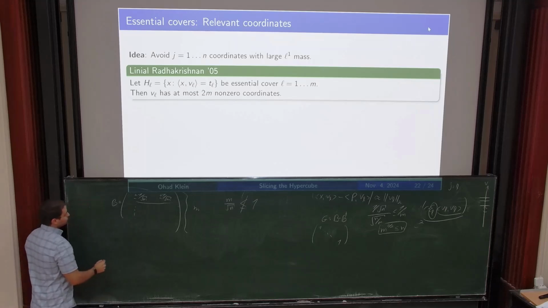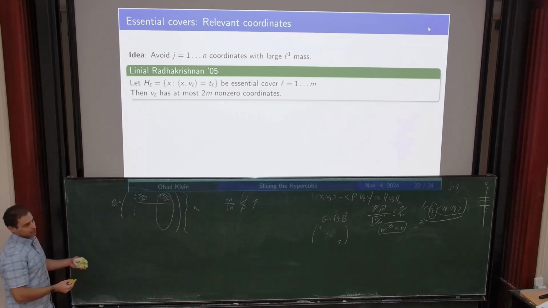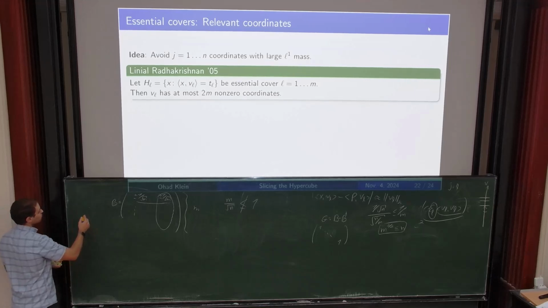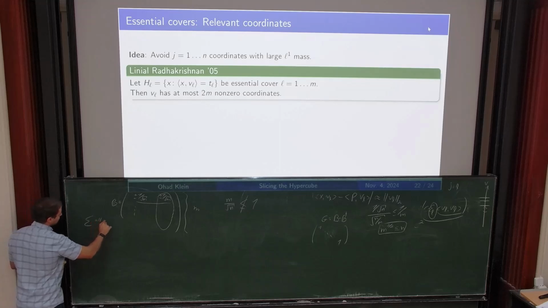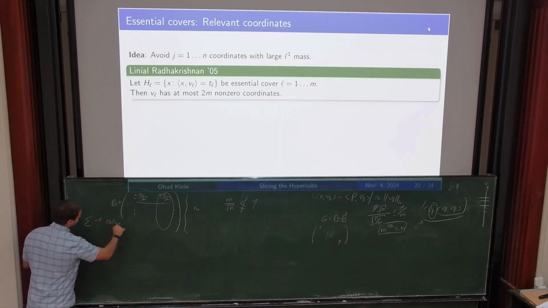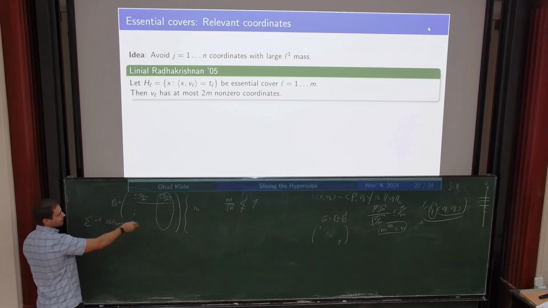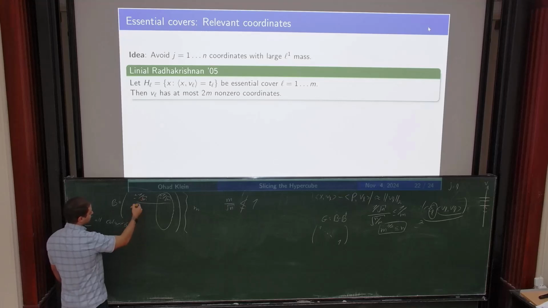And recall that we want the sum of a column. So what is the average sum of a column? Let us compute the sum of all columns. This is just to compute the sum of all entries in here. So we have m vectors and m entries in each vector, each of size 1 over square root of n.